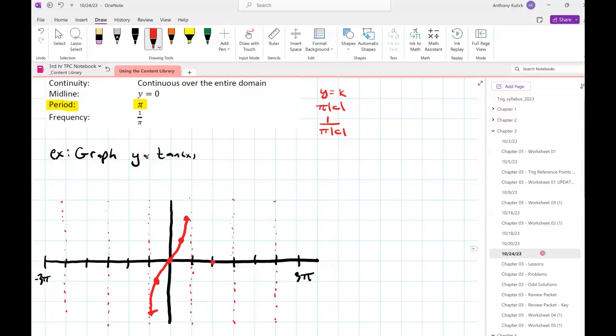And then in the middle is going to be the value that's on the x-axis. In between that value and the asymptote to the left, we're at negative 1. And in between that middle value and the asymptote on the right, we're at positive 1. And we'll just kind of draw. And now I'm just going to go ahead and fill in everything that I have left.